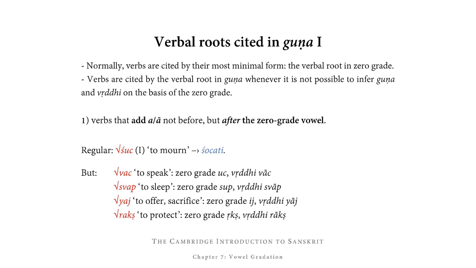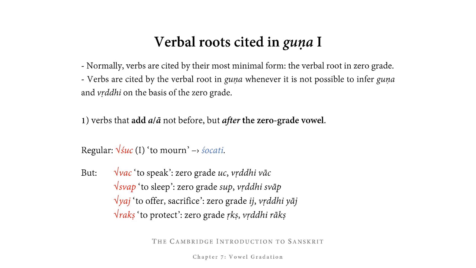We would not know that these are irregular roots that add the guna vowel not in front of, but behind the zero grade vowel. If, on the other hand, we quote these verbs by reference to their roots in guna, so by referring to them as vach, svap, yaj, and raksh, we can, on the basis of these guna forms, infer what the zero grade is, and we do that simply by taking away the a.